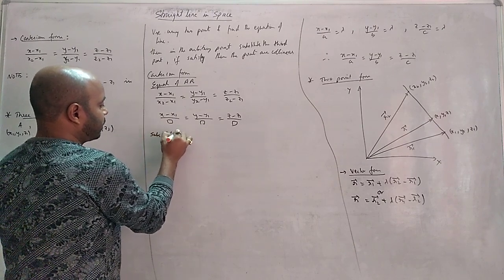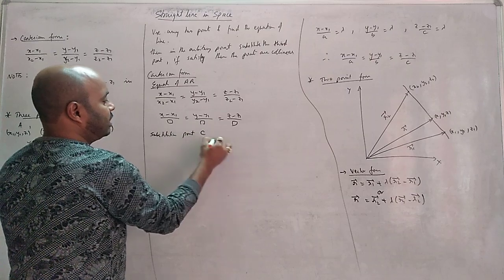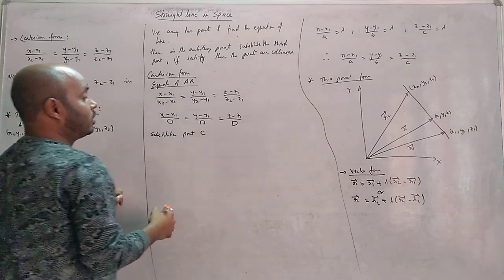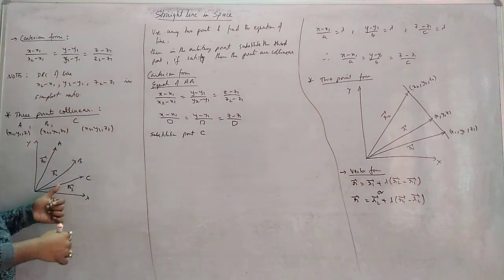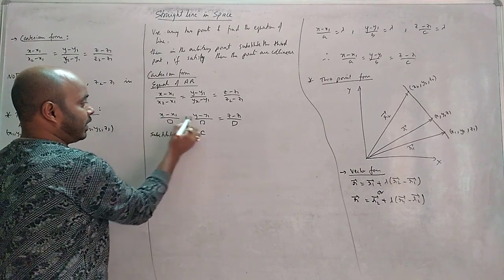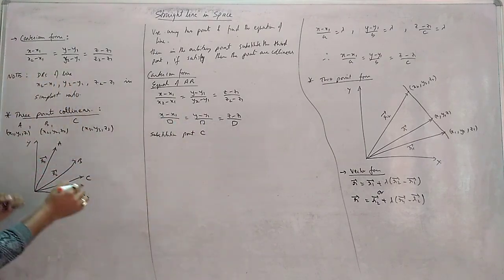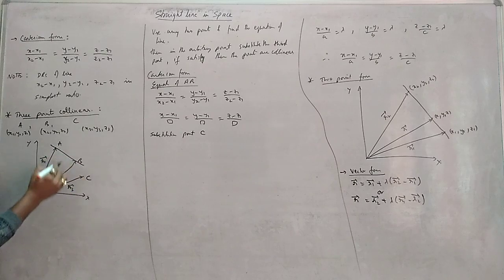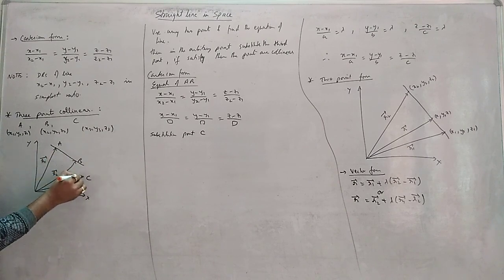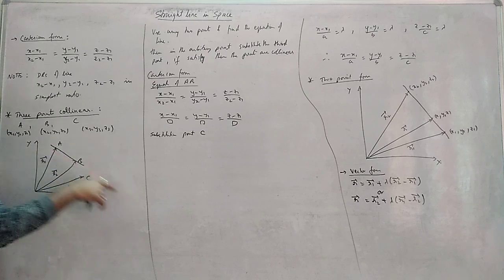Substituting point C. What is point C? x3, y3, z3. So in place of x, y, z, because what is x, y, z? This is a line, and x, y, z is any point on this line. If the value of this point gets satisfied here, that means these three are on the same line. That is my job.